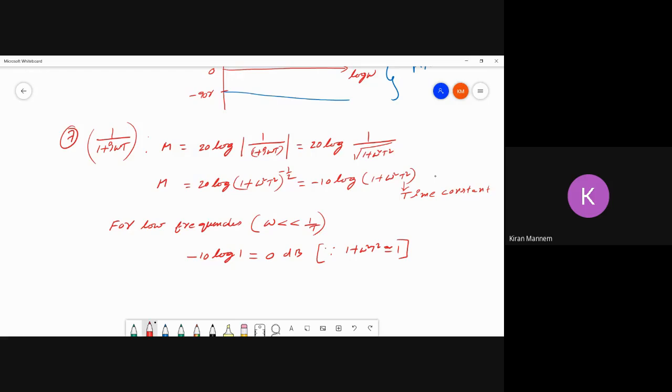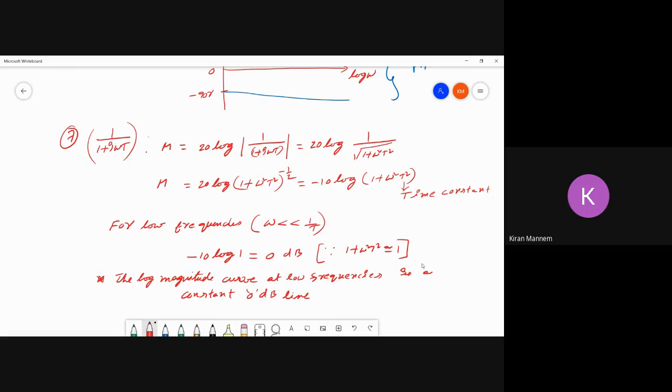Here I can write a conclusion: the log magnitude curve at low frequencies is a constant 0 dB line, for low frequencies.